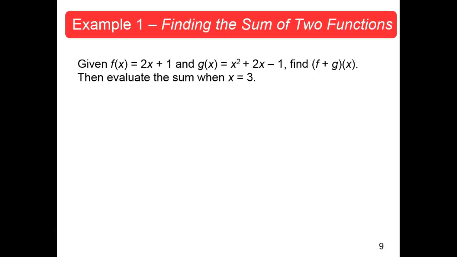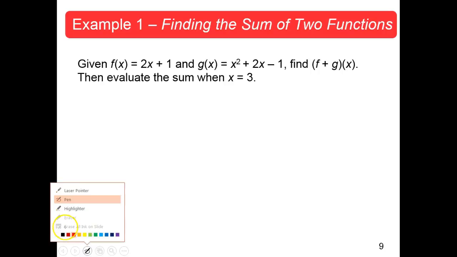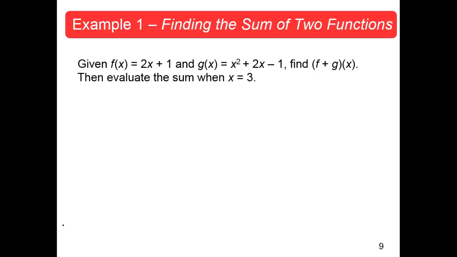Now, for many, you might find it easy just to remember the formula or the thing that we did last time. What do we mean by (f plus g) of x? (f plus g) of x is f of x plus g of x.